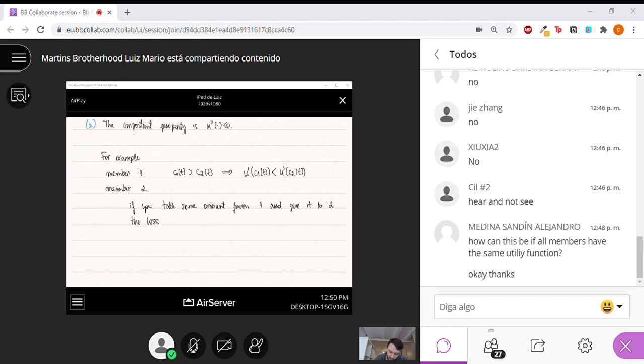So the loss of 1 is his marginal utility, and the gain of 2 is the marginal utility. So this means that the total utility increases if we make this reallocation.